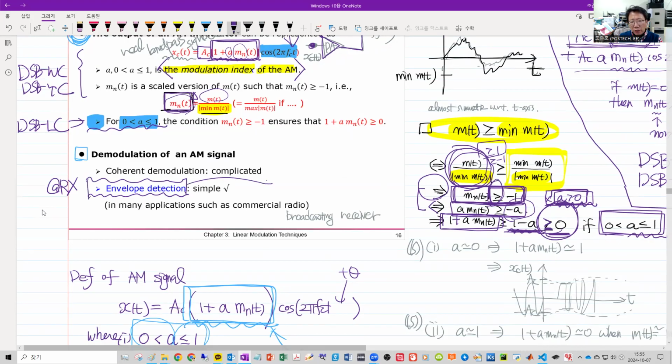This envelope detection could be performed by a device called an envelope detector, which is a circuitry that performs this mathematical operation, and it could be built very, very simply. Got it? So that's why we human beings started radio broadcasting employing amplitude modulation. So many applications in commercial radio.